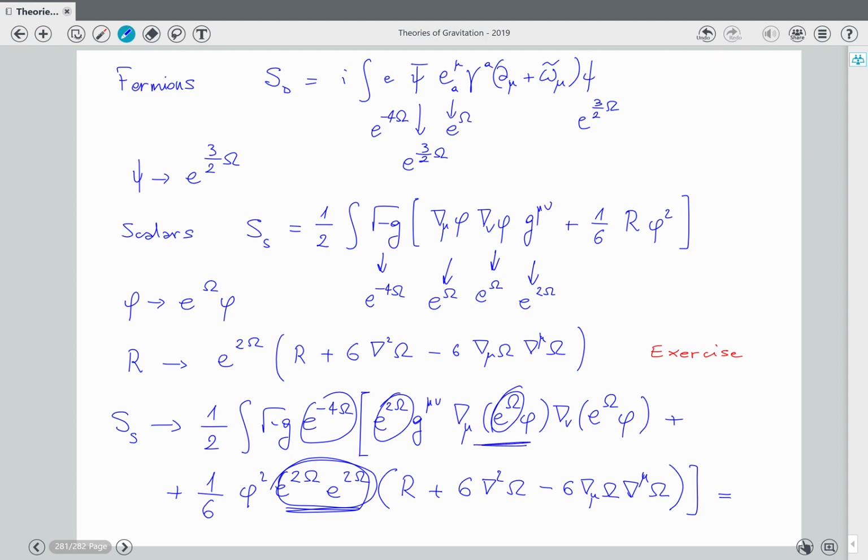So the derivative of this will be e to the omega times partial phi plus partial omega phi. So that factor disappears.